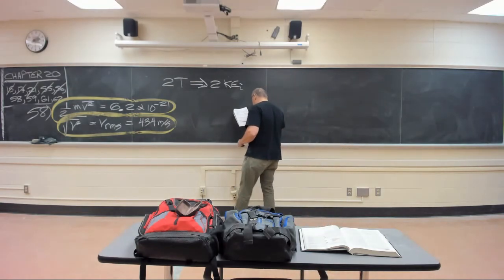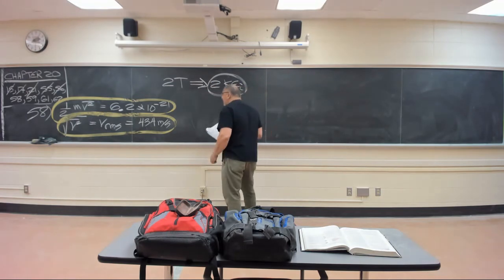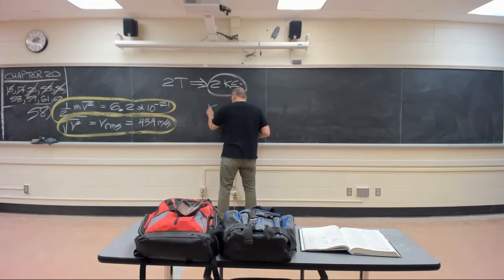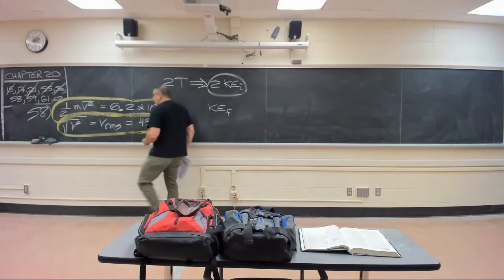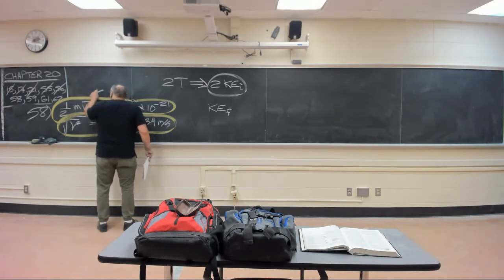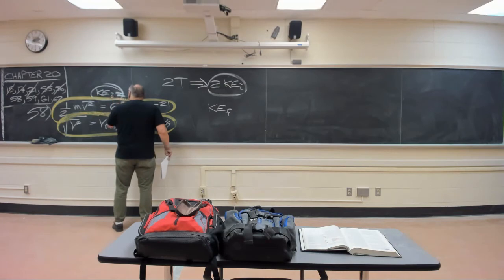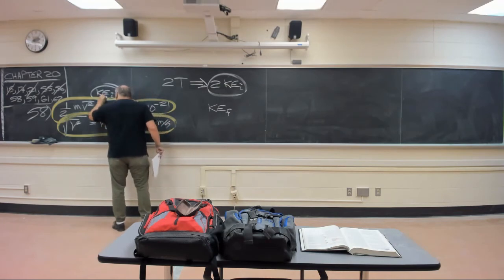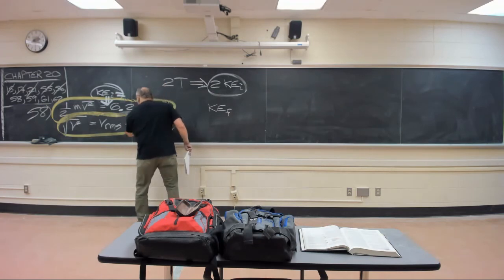So we have this right here. So what can you say, guys? Basically what you're doing is you're doubling the average kinetic energy. So for the question they're asking here, what's the kinetic energy final on average if the kinetic energy initial was this?